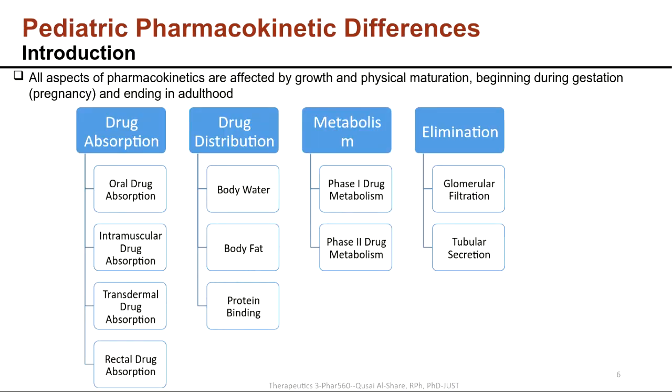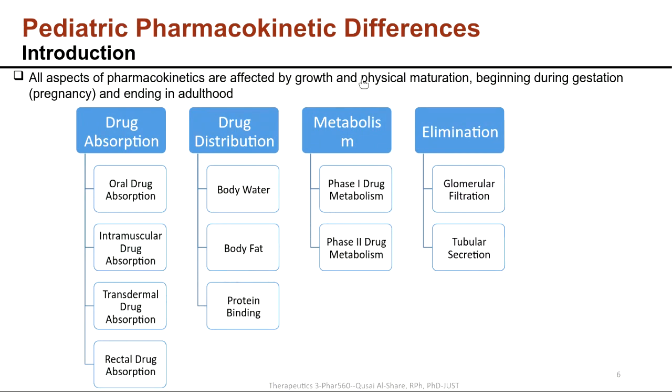Now, all aspects of pharmacology, you know, the pharmacokinetics and pharmacodynamics, and now we're going to be talking about the pharmacokinetic part of pharmacology. And you know the 4 key processes in pharmacokinetics, namely absorption, distribution, metabolism, and elimination of the drugs. They are affected by growth and physical maturation of the child.